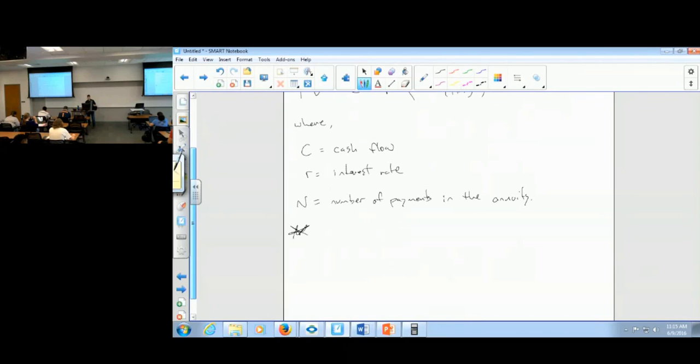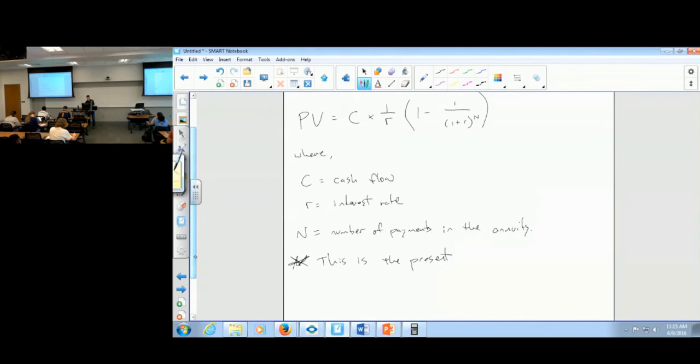Right, and the part I skipped over, which is why I hesitated, is that this is the formula for the present value of an ordinary annuity. Okay, an ordinary annuity means payments occur at the end of the period.